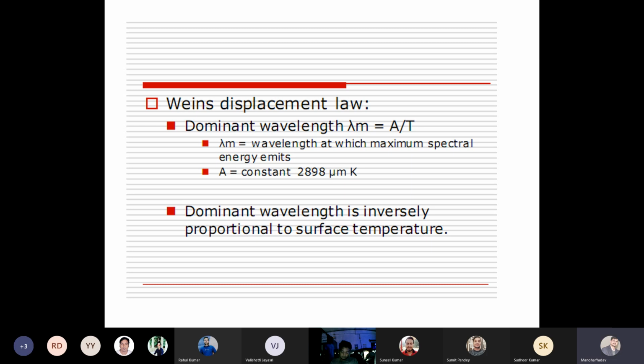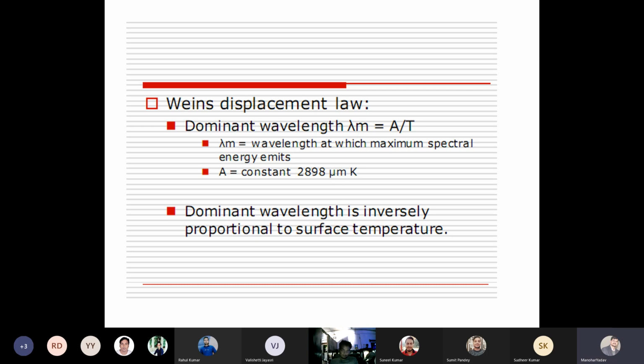It is computed by using Wien's displacement law. Wien's displacement law tells us that the dominant wavelength lambda m, at which that particular material radiates the maximum energy, is also a function of temperature.